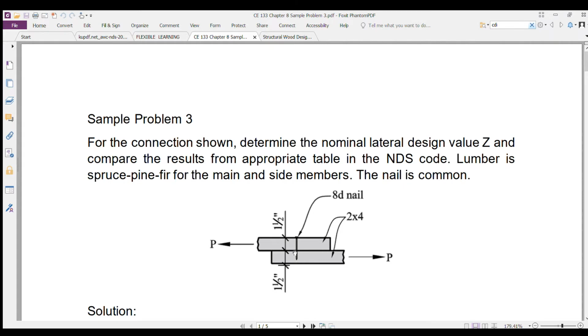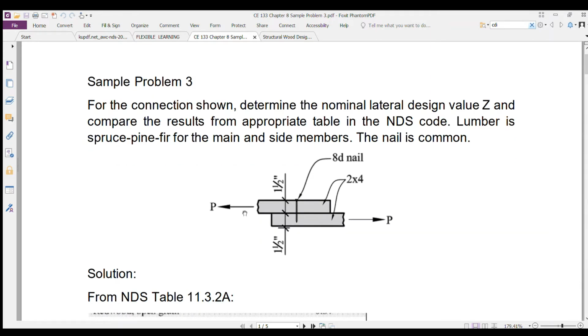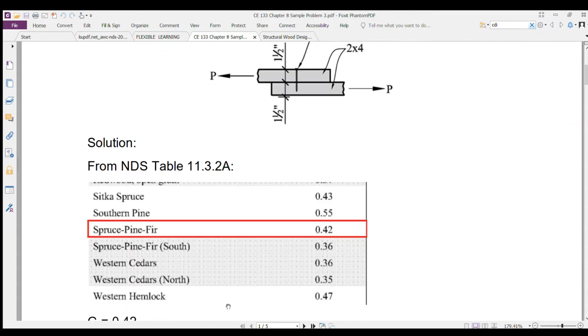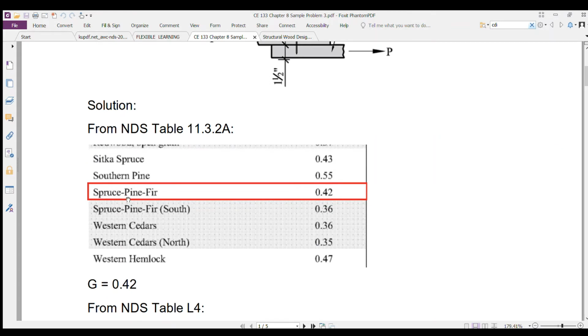So for our solution, first we need to get the value of G of the spruce pine fir from NDS table 11.3.2A. So as you can see here, we have a value for spruce pine fir of 0.42, and from NDS table L4 we need to get the details about the common nail.